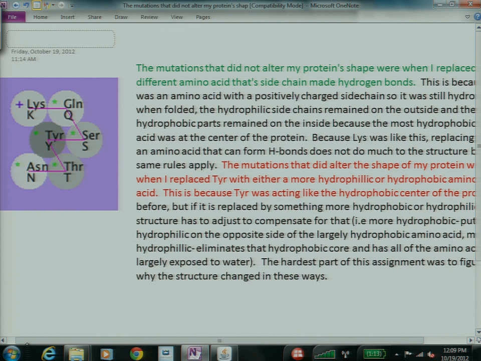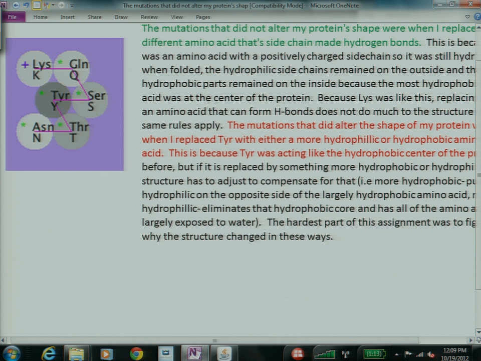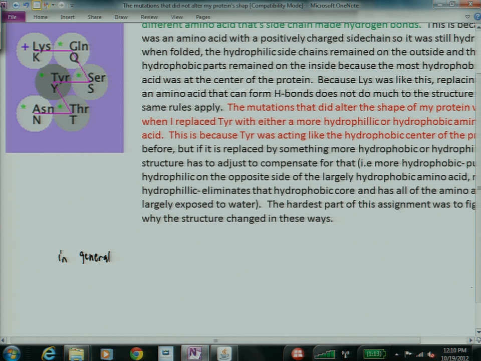That was just sort of people's general experience. You can generalize that experience to be basically, so in general, if the new amino acid is similar to the old, there should be probably no effect.